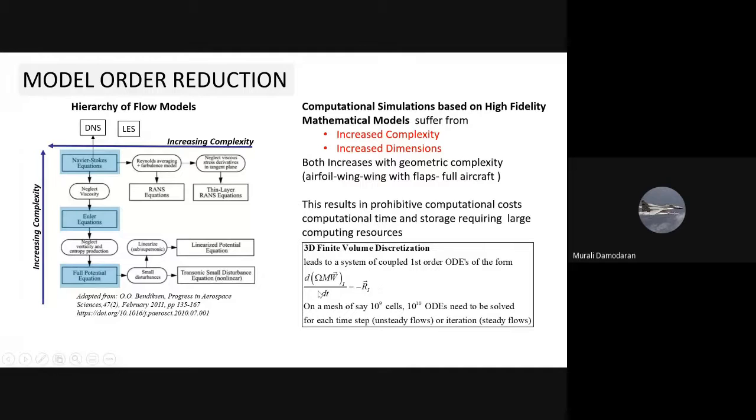Finite volume gives you this, and this Ri will contain all the convective terms, the viscous terms, the discrete forms, artificial dissipation, everything there. If I solve it on a mesh of 10 to the power of 9 cells, then I'm talking about the solution of 10 to the power of 10 ODEs at every time step or iteration. So that's going to be a very large computational effort.